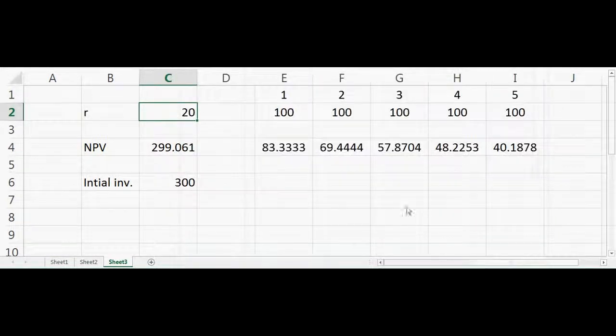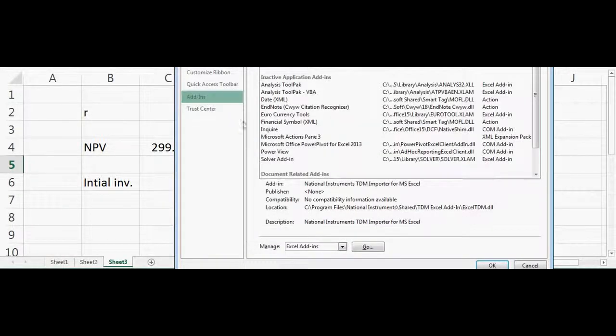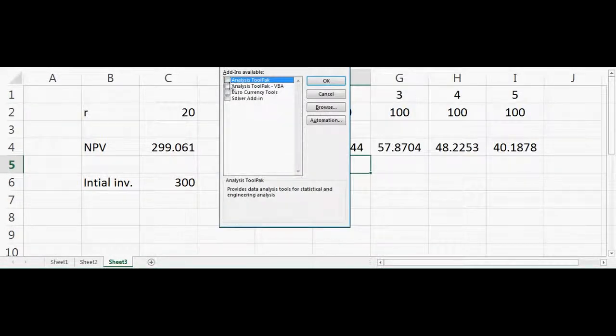Now again I'll go there and say options and say add-ins, solver add-in, and say go here, and then say analysis toolpak, solver add-in, and say okay.